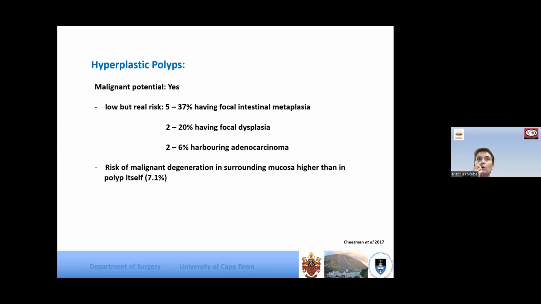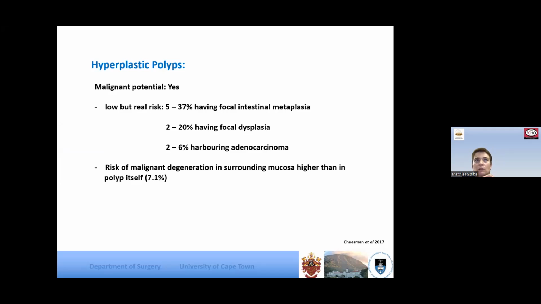So of all the ones biopsied or resected, you'd find up to a third can have intestinal metaplasia. And then as you go down to the more severe situations, 2 to 6% of the larger ones can actually harbor a small adenocarcinoma. So if you look at it overall, that is quite significant when you compare it to fundic gland polyps, obviously.